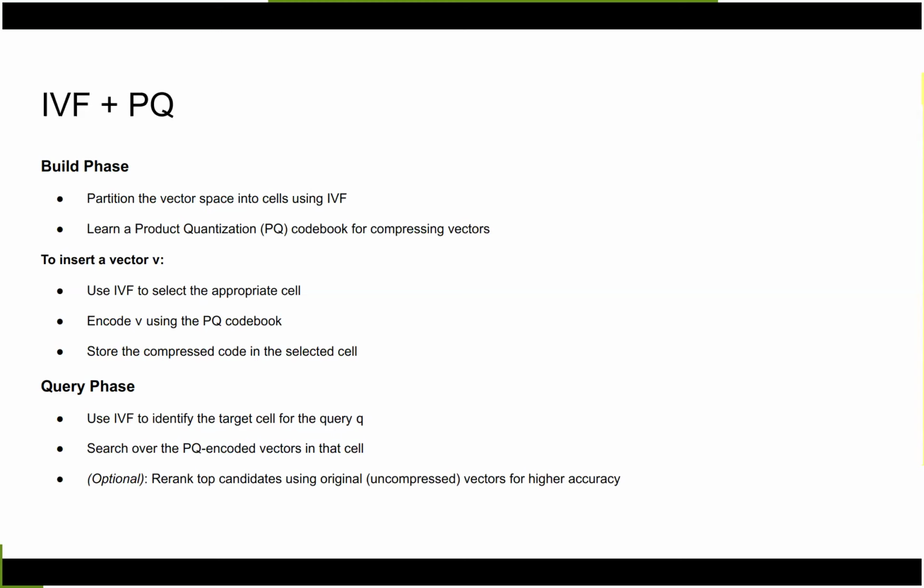So in the build phase, they partition the vector space into cells, into clusters during clustering. And then they learn a product quantization for the compressed vectors. They represent each centroid by its actual vector, but for each vector that belongs to the same centroid, they compress those vectors.